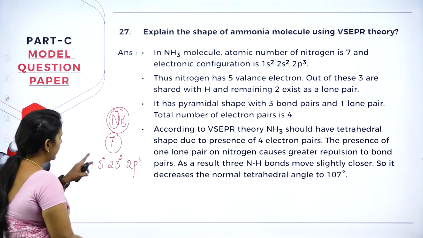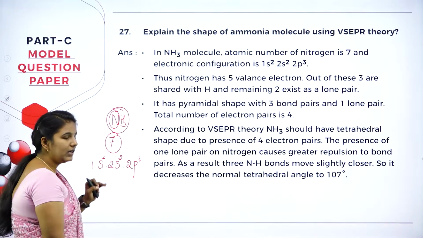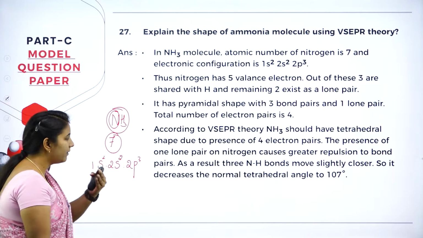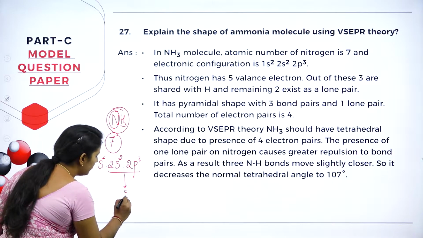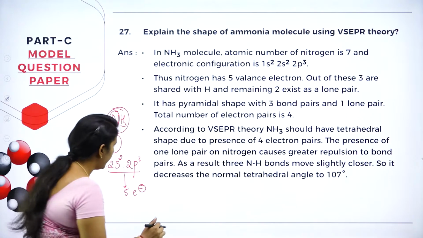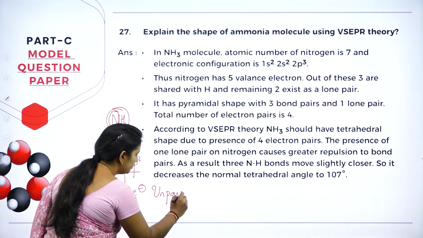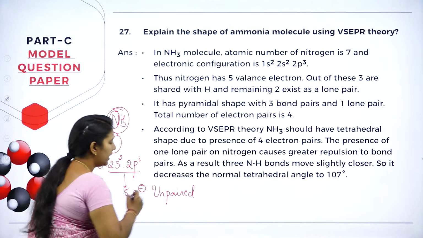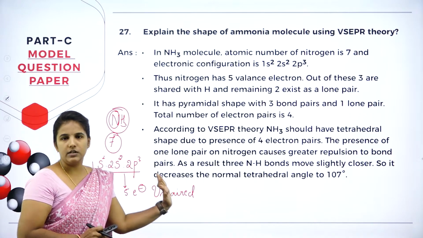2p3. By looking at this electronic configuration, you can clearly see that there are 5 electrons. Five electrons are in the valence shell of nitrogen, right?